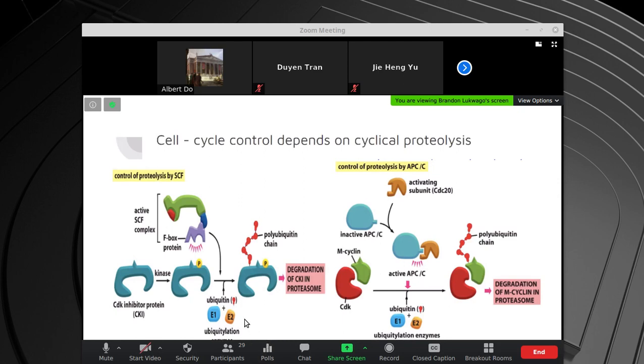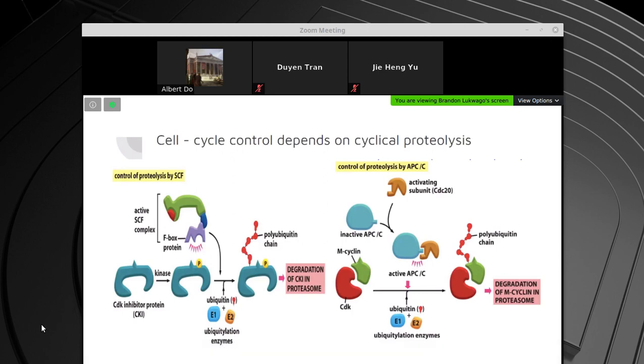Then, same as the first one, with the help of those two enzymes, the ubiquitin molecules are transferred. Then the polyubiquitin target is recognized and degraded in the proteasome. Can you go to the next slide?